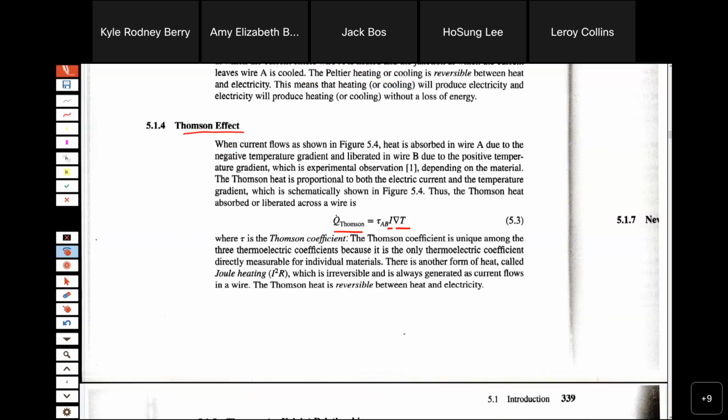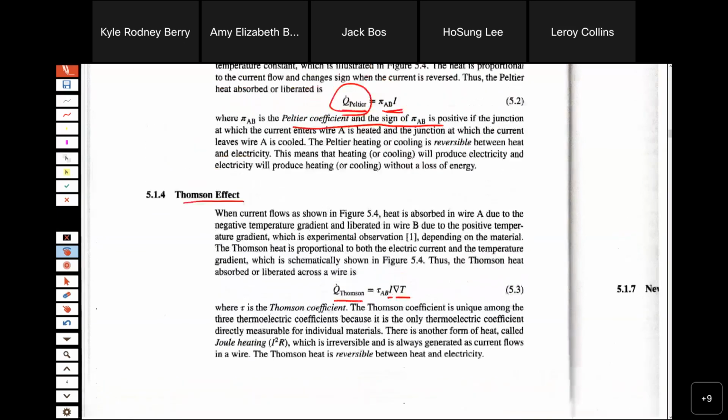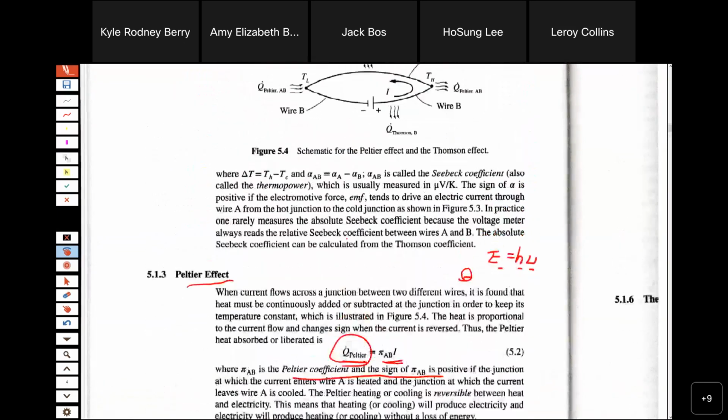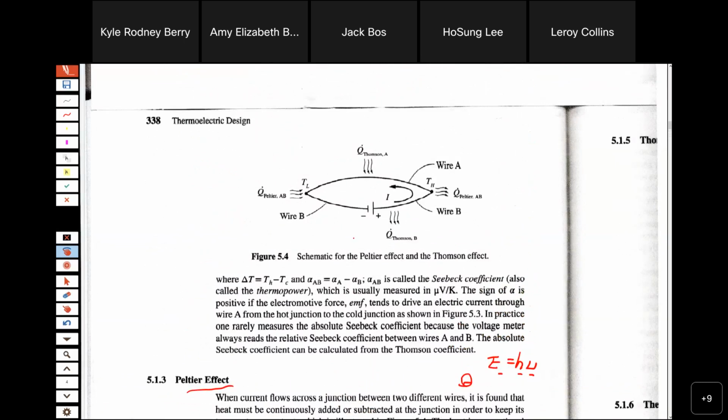So Thomson is so weird, so complicated. This is not easy, actually, at that time. That's why even though they knew the thermoelectric effect, it was hard to apply, and even hard to measure.